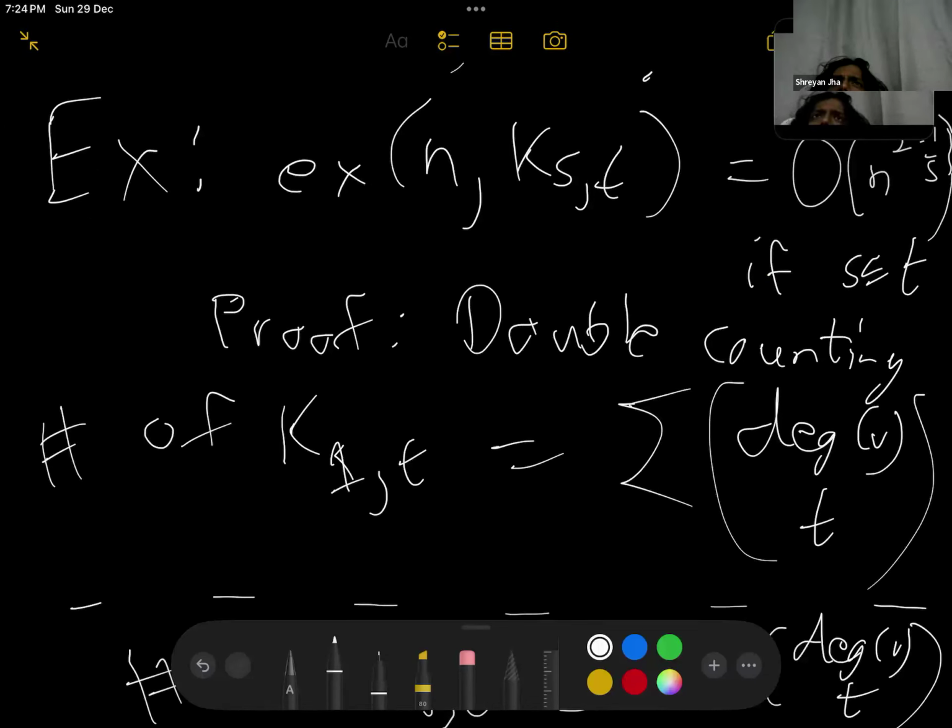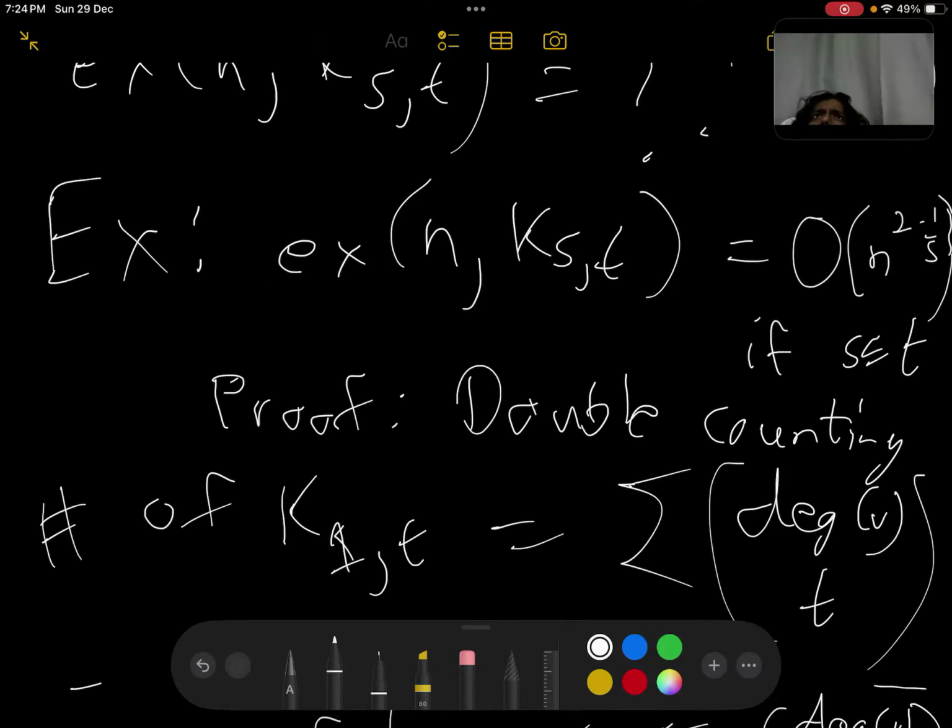What do you mean exact lower bound? So this is an upper bound, like O(n) raised to 2 minus 1 by s. What's the lower bound? Like, what's the sigma? Is it sigma n raised to 2 minus 1 by s? So essentially, if you have n raised to 2 minus 1 by s edges, then the graph contains a KST, is what this is saying.